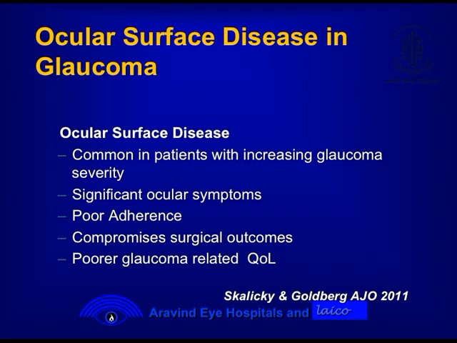Subsequent surgical outcomes are likely to be compromised because many drugs and the inflammation associated with the ocular surface disease can cause a lot of subconjunctival fibrosis and can predispose these eyes to filtration failures later on, and this also results in poorer quality of life in patients with glaucoma.